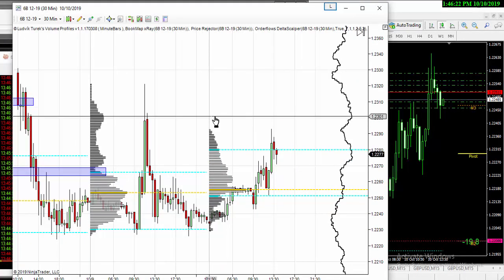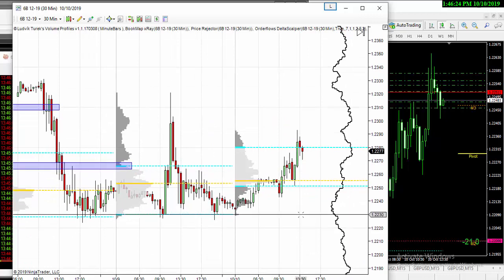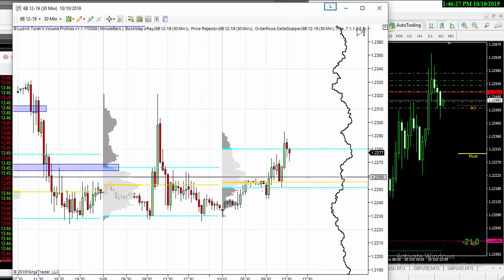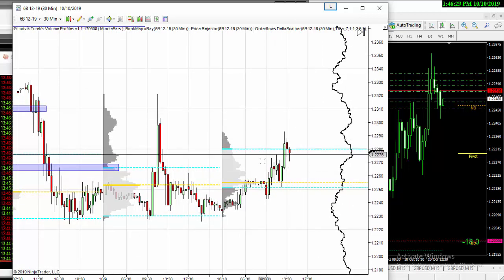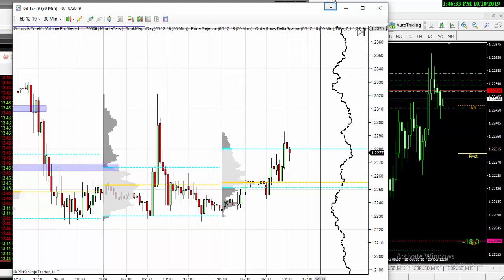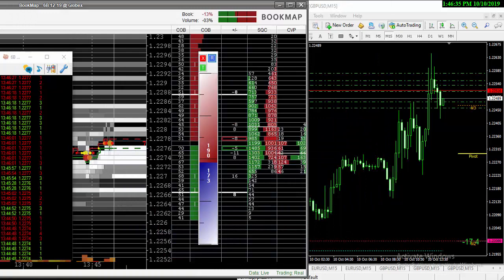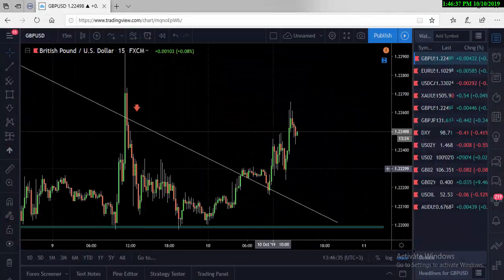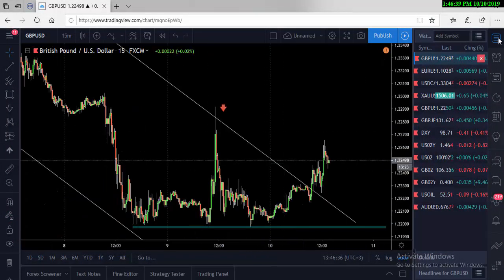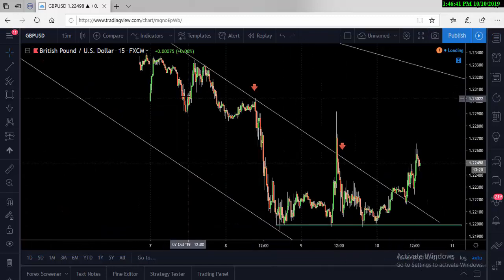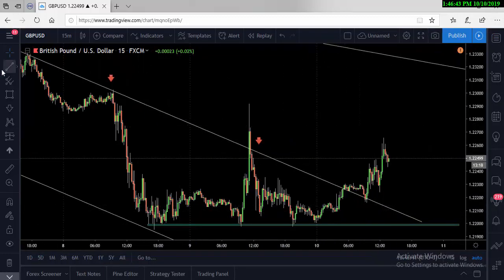So we're looking at the profile to see where we are in this particular day. Are we at the lows? Are we at the highs? We're at the highs, but the logic with this trade was it's an uptrend. We had this good downtrend, and now it's broken. It's an uptrend.